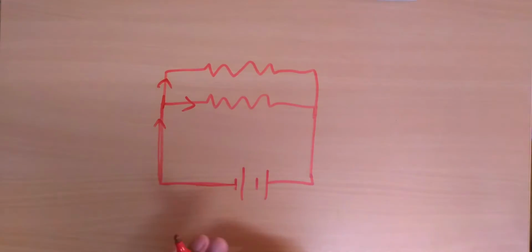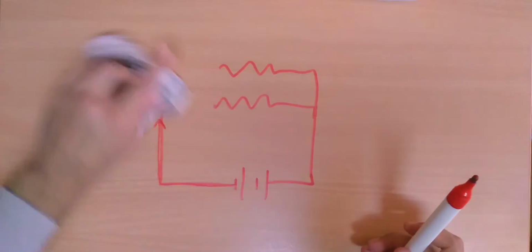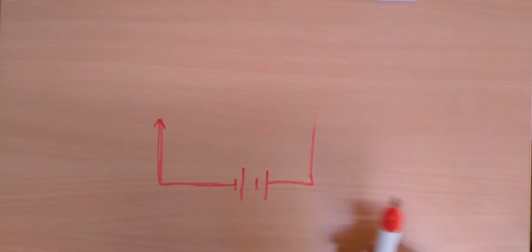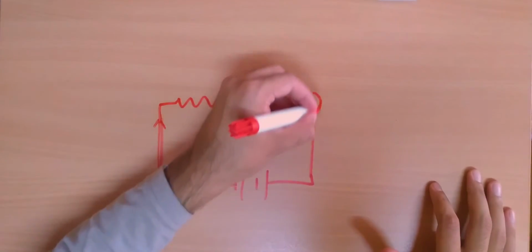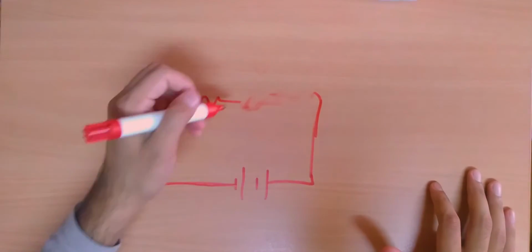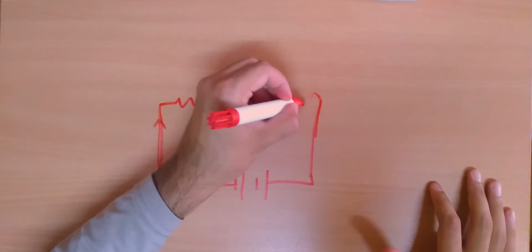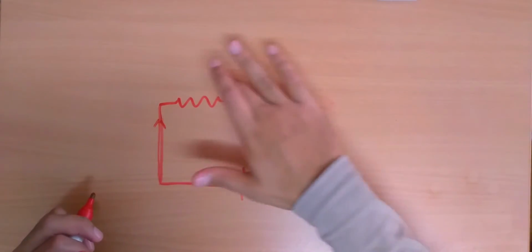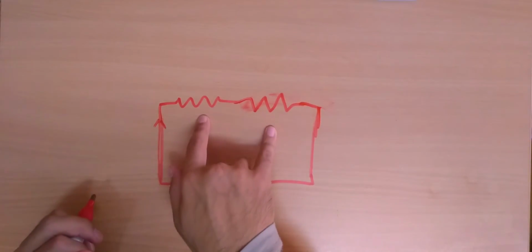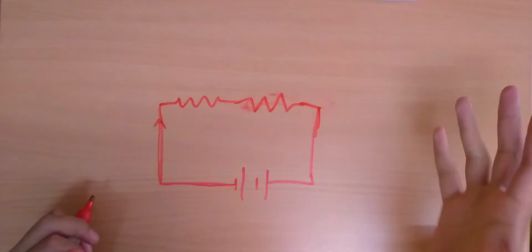And just for completeness, let us take two resistors in simple series connection. Here's the first resistor and this is the second resistor. So let's say we have two resistors again, this time in series, and the two resistors can have any resistance.